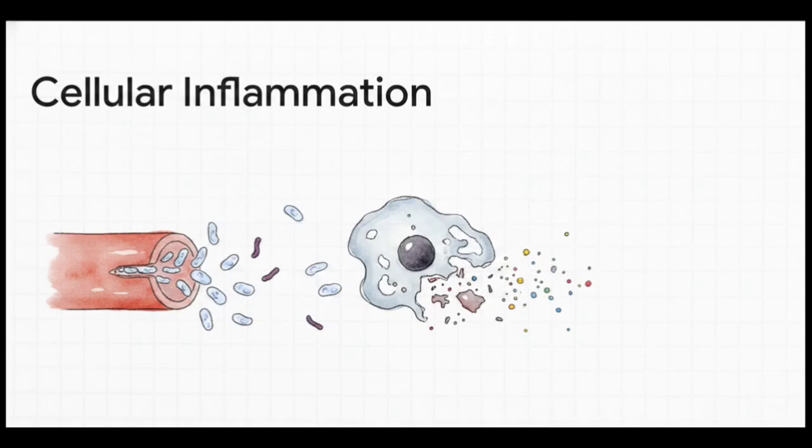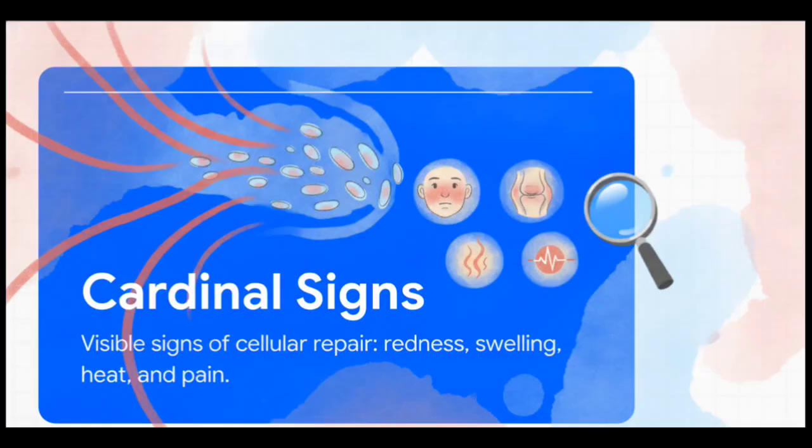Monocytes arrive and differentiate into macrophages. You can think of macrophages as the master orchestrators of healing. They phagocytose debris, release proteolytic enzymes, and pump out the cytokines needed to drive fibroblast proliferation and angiogenesis in the very next phase.